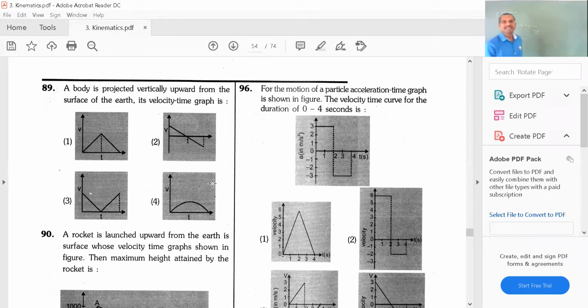What they are asking? They are asking velocity time graph. Okay, I draw velocity and time graph. Here I'll mention these all values. 1, 2, 3. Here -1, -2, -3.